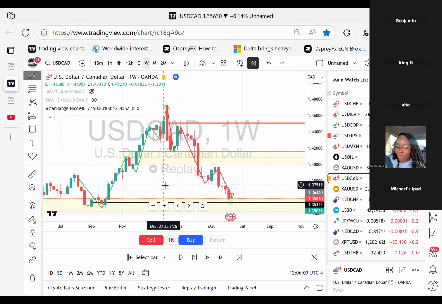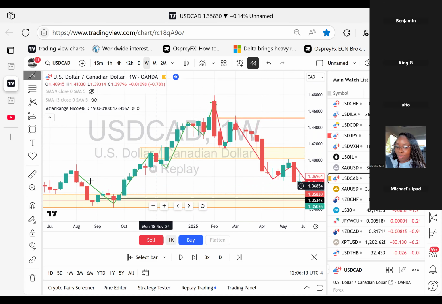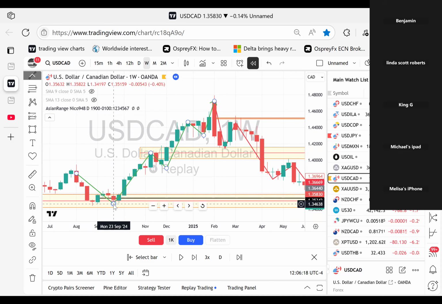You're correct. However, I think there's a better way to explain it. When we talk about swing structure, when this market is going up, it comes from this low to this high and it pulls back. This up move and pullback is the swing structure.